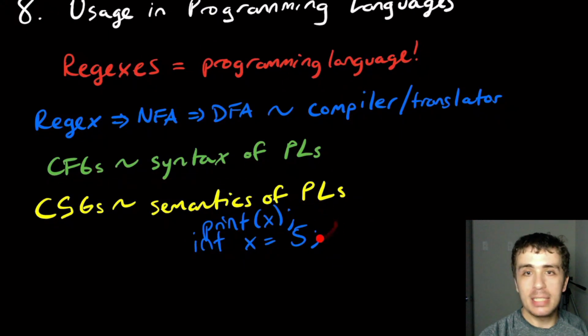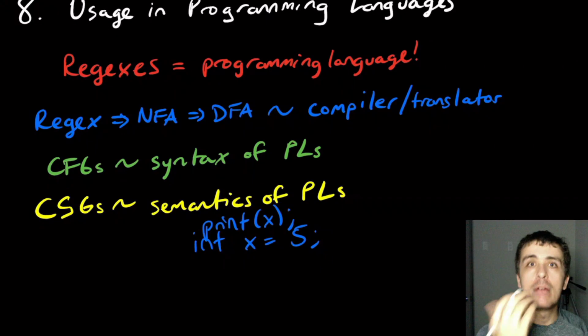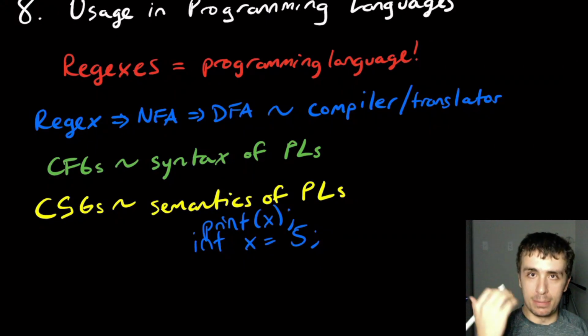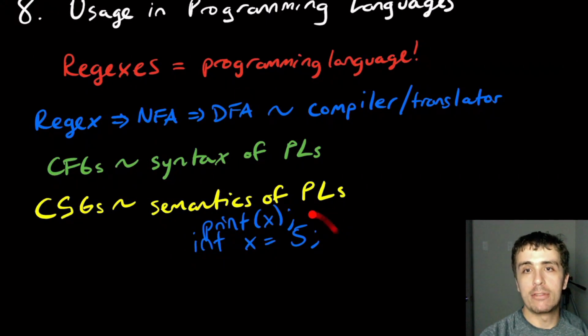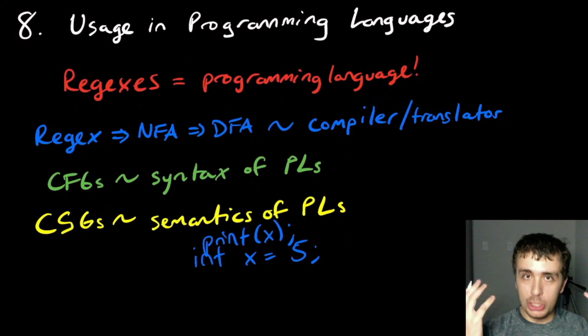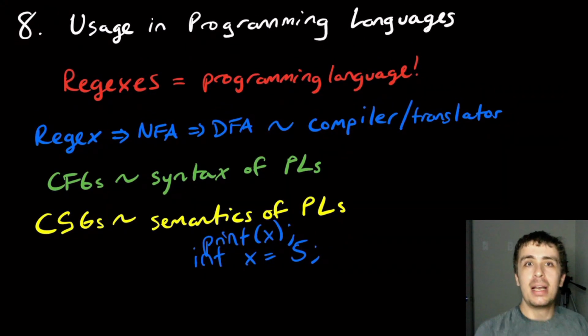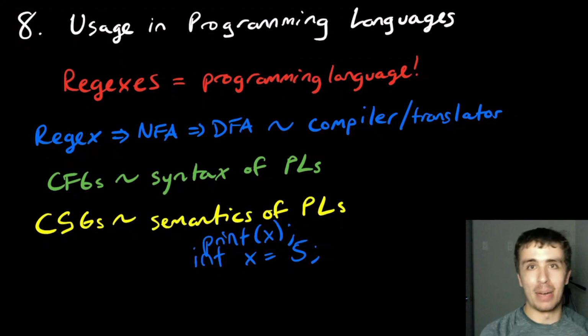So the context doesn't matter with what a CFG can do. A context-sensitive grammar will take into account the semantics of what's going on. And so the context-sensitive grammar will take over and say, okay, yeah, there's something wrong going on here. So that's the 8th reason. It's not just usage in programming languages, but usage as programming languages.